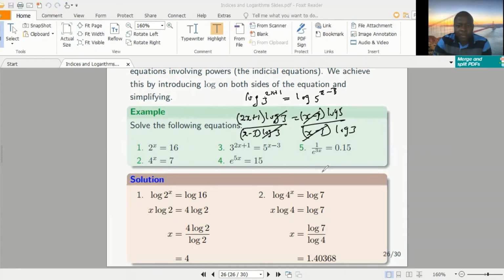I'm left with 2x plus 1 out of x minus 3 is equal to log of 5 out of log of 3. Use your calculator to find these values. Once you have this, you can find the value of x by cross multiplication and making x the subject of the formula.